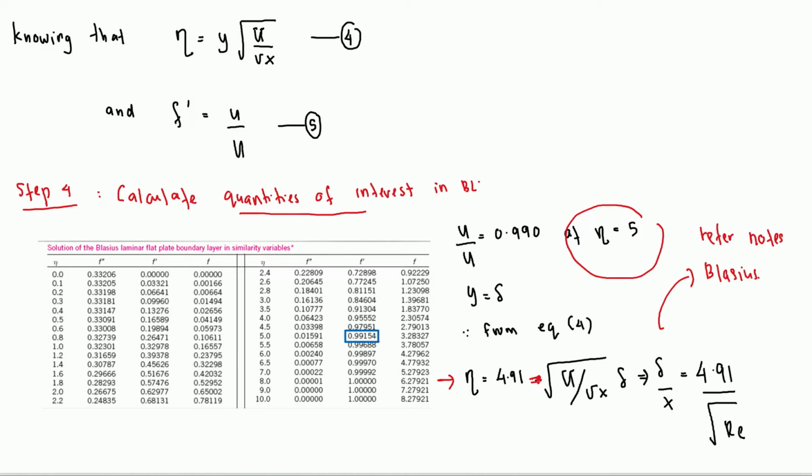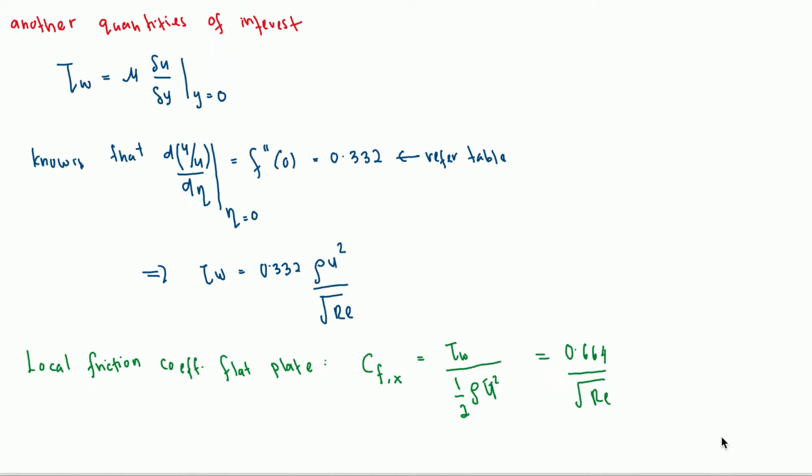Eta is equal to square root of U over viscosity x multiplied by y. I replace y with delta, so I modify this equation to delta over x is equal to 4.91 over square root of Reynolds number. Okay, that is for eta.